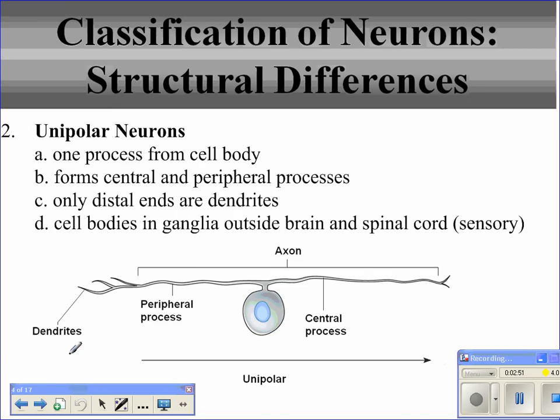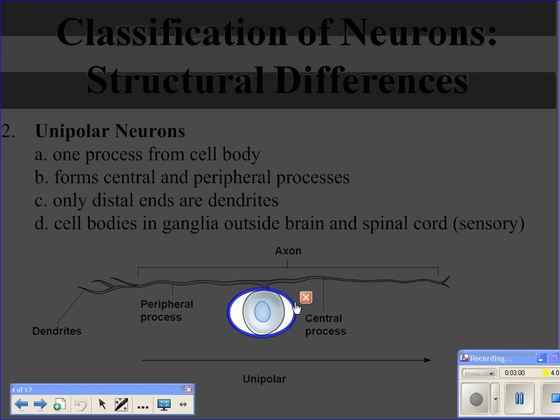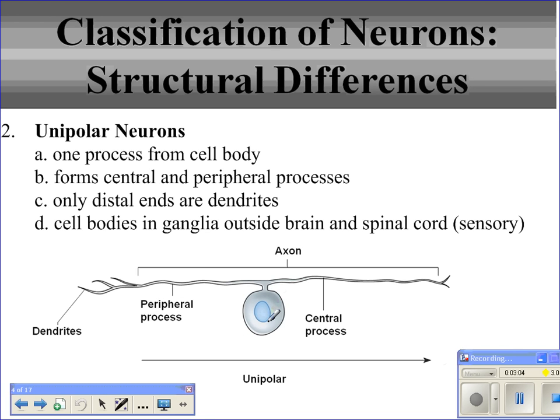Next, we have a unipolar neuron. This is where the soma sits off to the side. So it's not in line. It's not as big as the one on the multipolar. So that soma sits off to the side. And then we have two processes, really one process, but two branches, I should say. The peripheral process, that's more on the periphery, more distal.